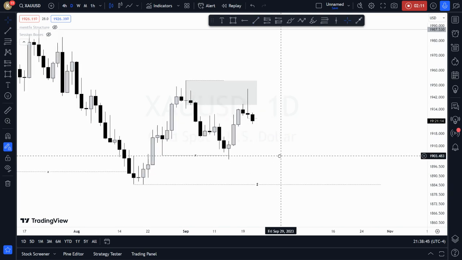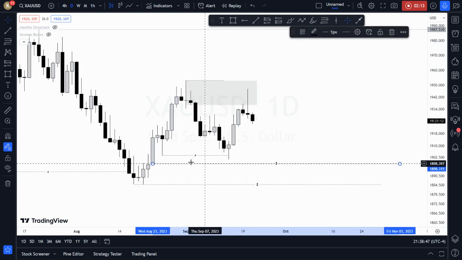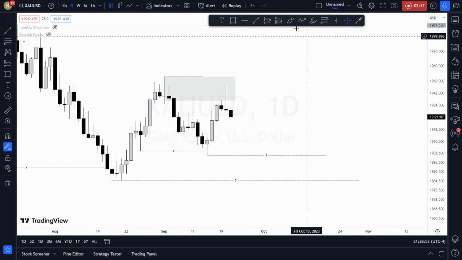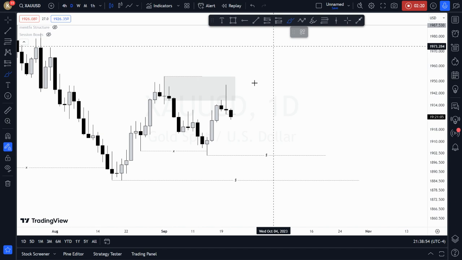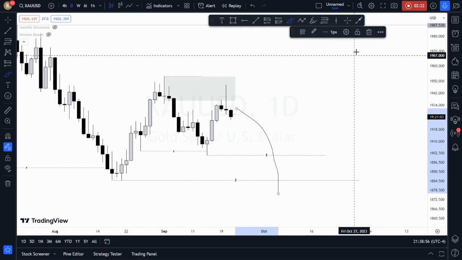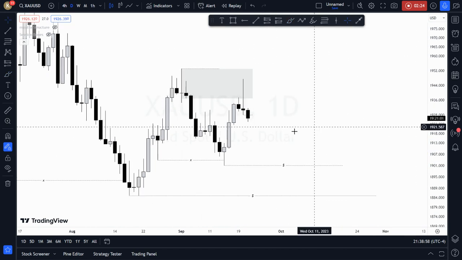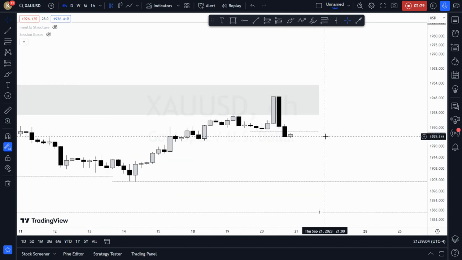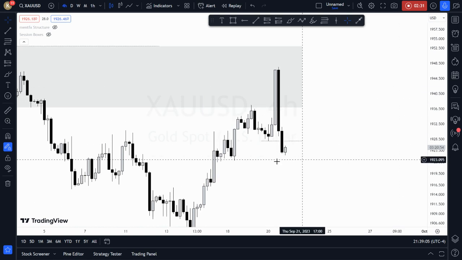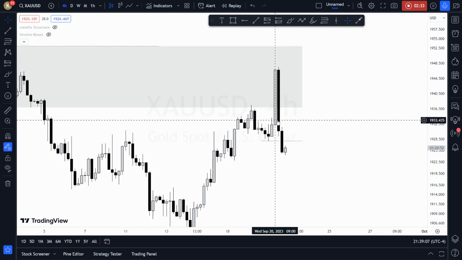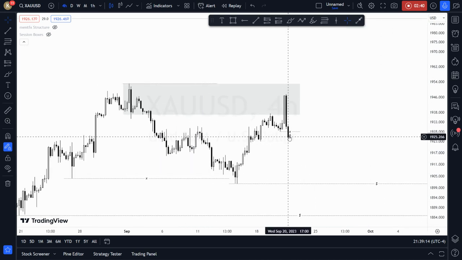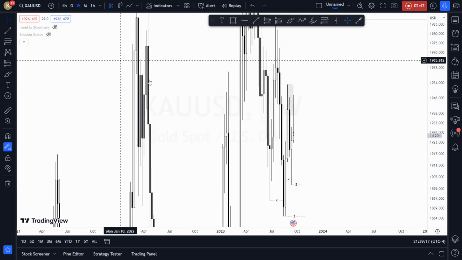Overall, what we have is a higher time frame target being this low right here, into the low underneath it, because we are assuming that we are targeting sell side, and as such, the current break on the daily will be coming from this candle. If I go to the 4 hour, what you'll find is we've bought and displaced below prior lows right here, making this overall structure bearish.